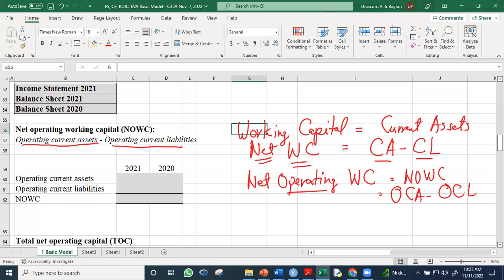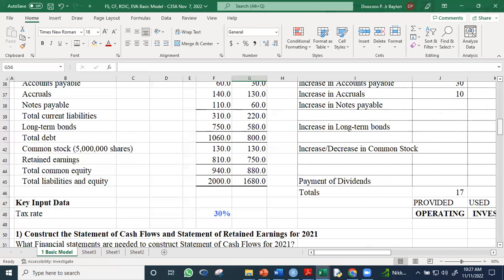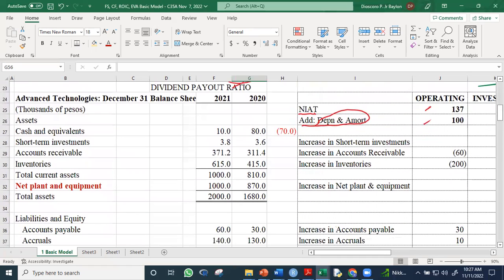So let's examine our balance sheet, current assets and current liabilities. Okay, so these are our current assets. You have cash and cash equivalents, short-term investments, accounts receivable, and inventories. Okay, so we need to identify what our operating current assets here is. When we say operating current assets, it excludes anything that is interest-bearing. So cash and cash equivalents, yes, this is operating current assets. Okay, short-term investments. Let me check this. Check.